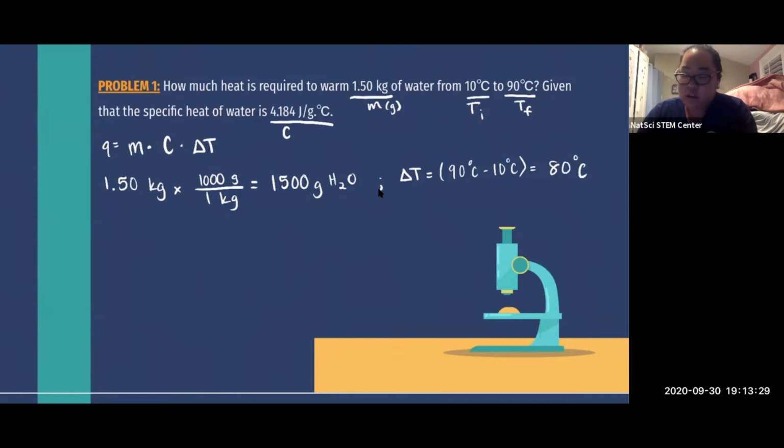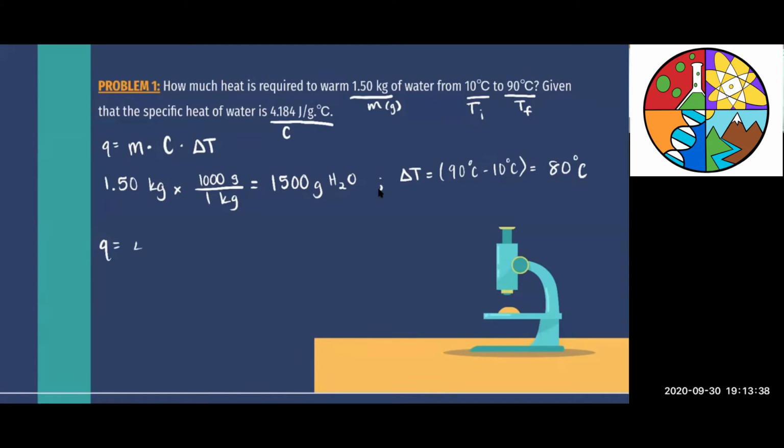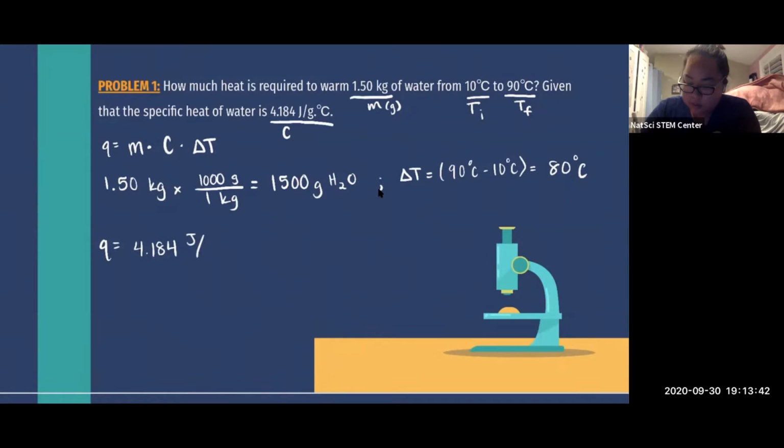With all the information now, we can just plug it into the equation. Q equals 4.184 joules per gram degree Celsius times the mass and delta T. What you'll see is your units are being canceled.